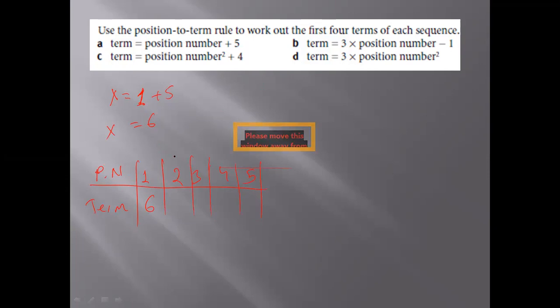For the second position number, we put 2. 2 plus 5 is 7. 3 plus 5 is 8. So the differences are the same, plus 1, increasing plus 1. It's a linear sequence, okay? And to solve C and the others, it's for you.